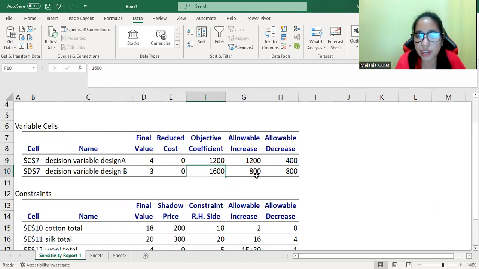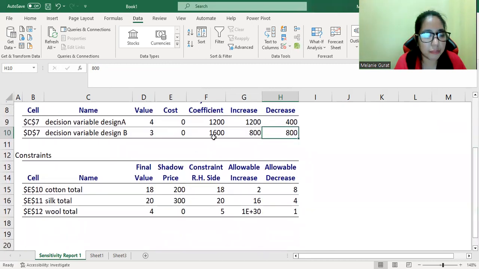We also have here the allowable increase and allowable decrease for design A and design B. And below that, we also have the constraints. We have columns that show the final value, shadow price, constraint RH side, allowable increase, and allowable decrease.